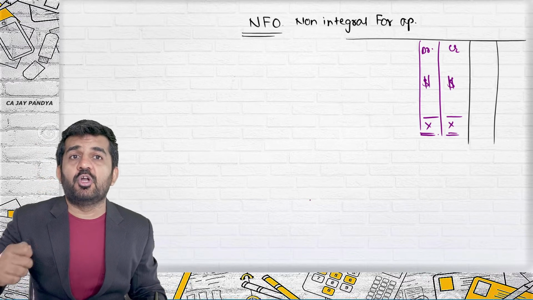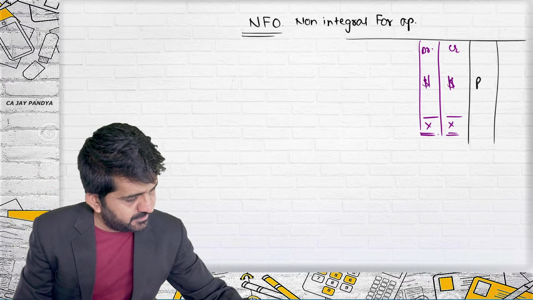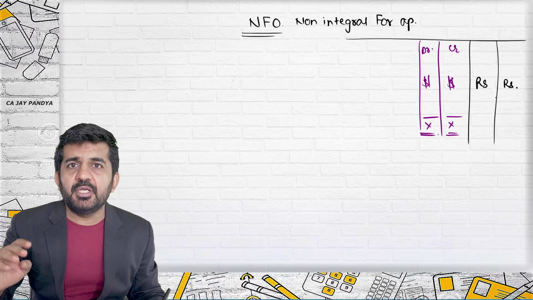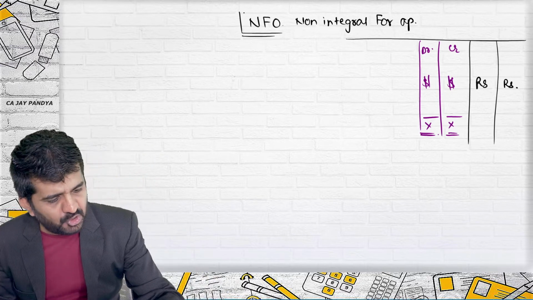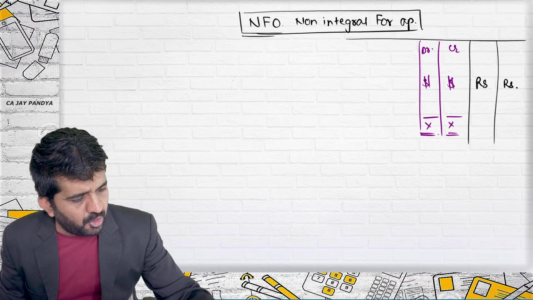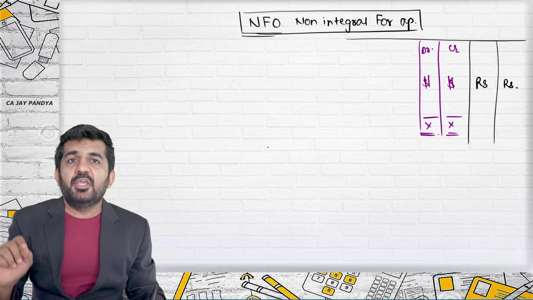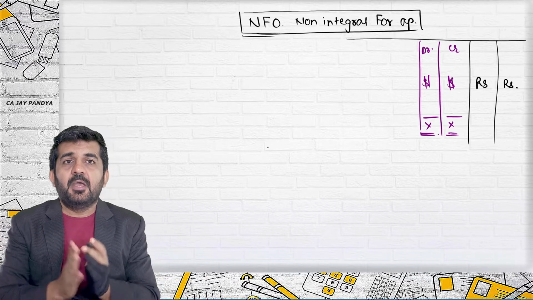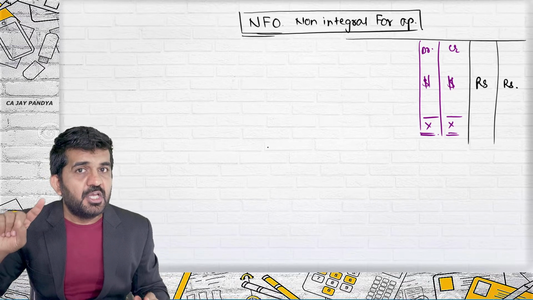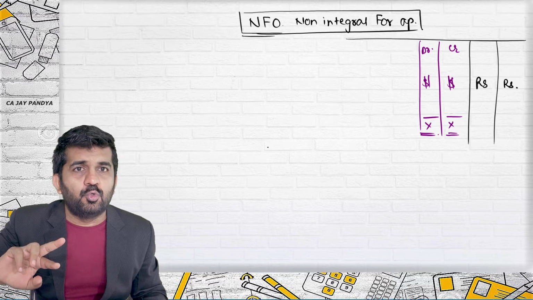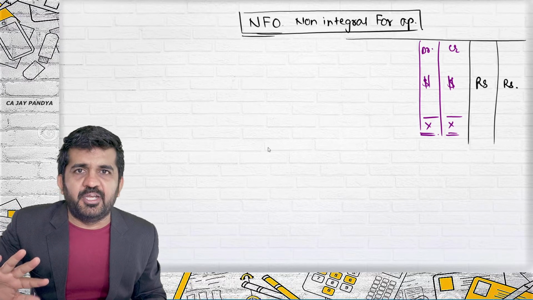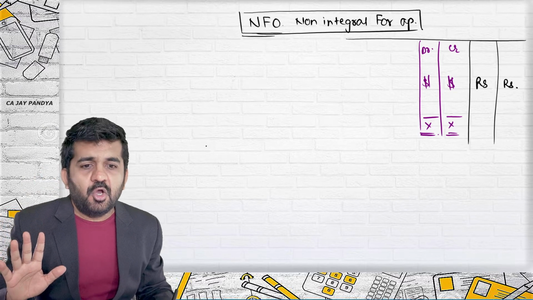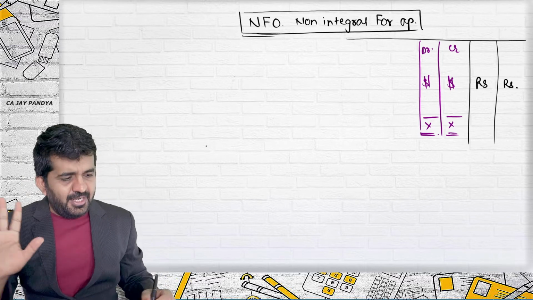Now I want to convert it into rupees. The transaction is regarded as non-integral foreign operations. First, we have already learned how to decide whether it is integral or non-integral. Now we have taken judgment it is non-integral foreign operations. Let me tell you the rates.